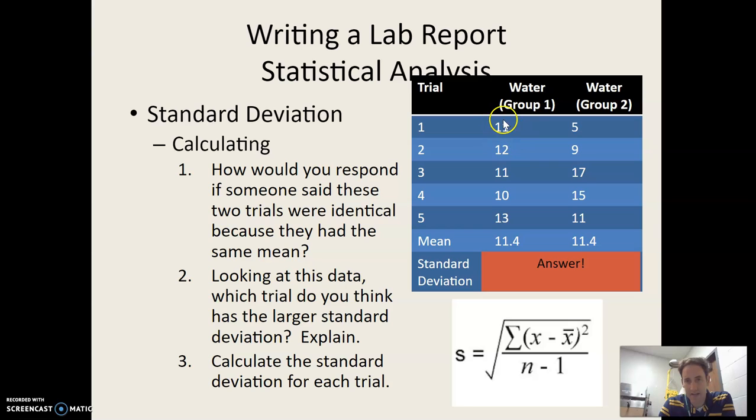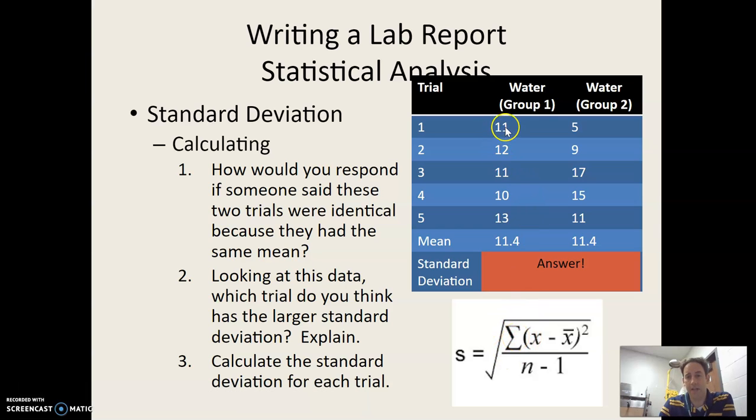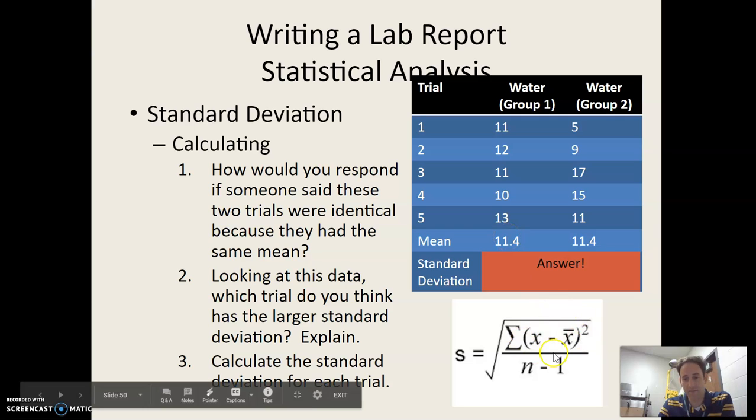So X, 11, minus the mean, 11.4, squared. And since it's saying the sum, you add all those together. So 11 minus 11.4 squared, plus 12 minus 11.4 squared, plus 11 minus 11.4 squared, plus 10 minus 11.4 squared, plus 13 minus 11.4 squared. All of that divided by n minus 1.